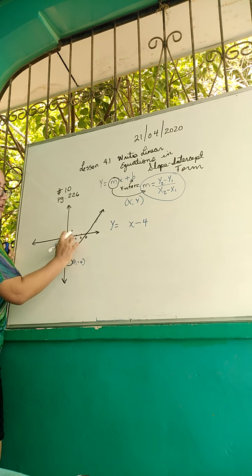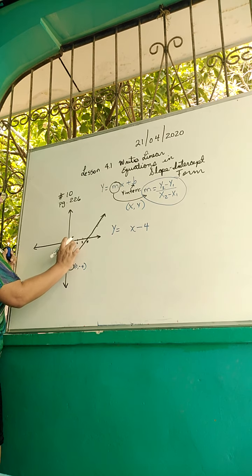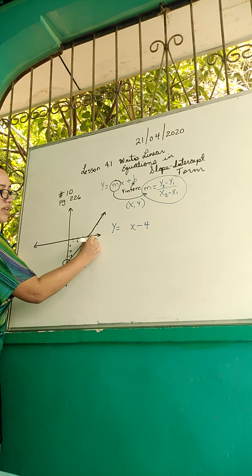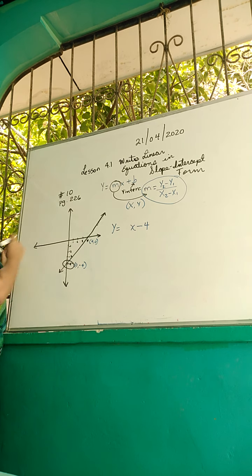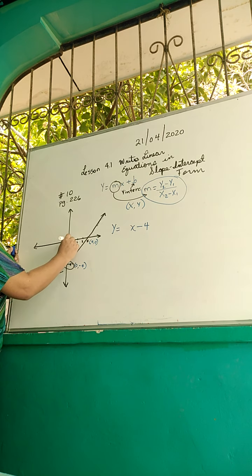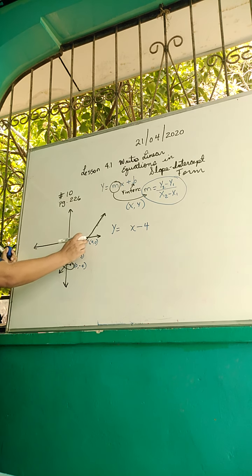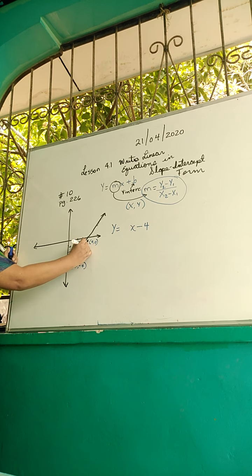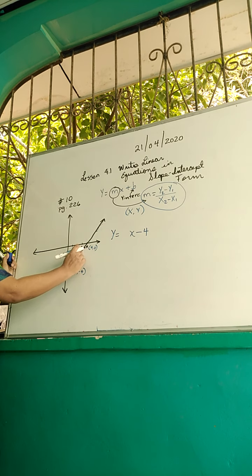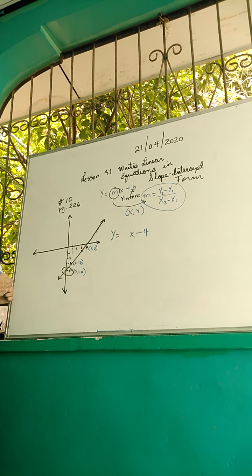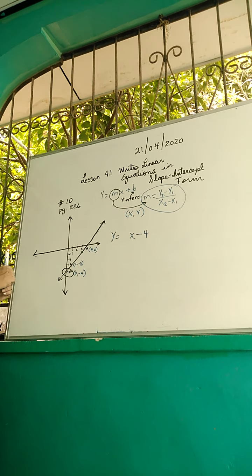Do we know this coordinate? It passes here. We have 1, 2, 3, 4. This is 4 and 0. But we could also have 1 and negative 3. Look how many points we can have. Y tenemos otro aquí. So there are several points. You decide which one you're going to use.